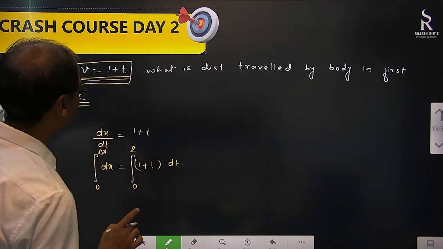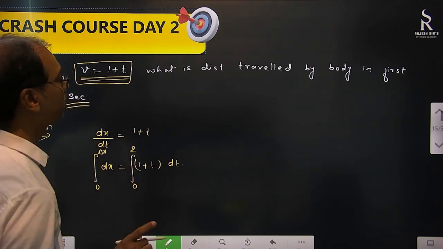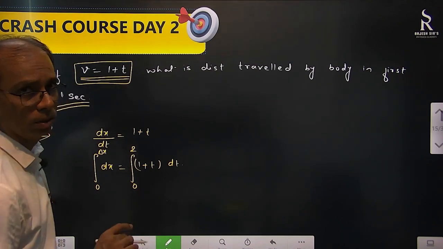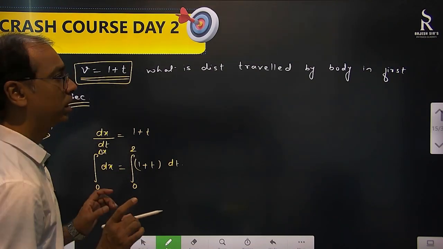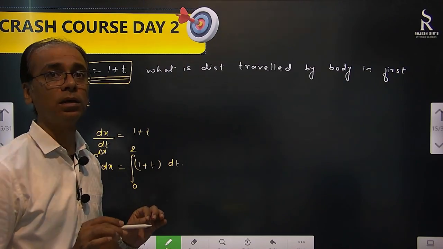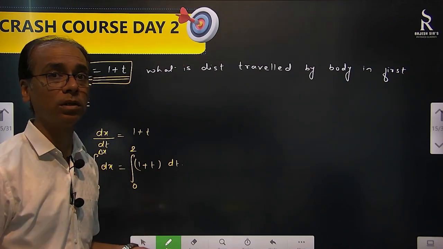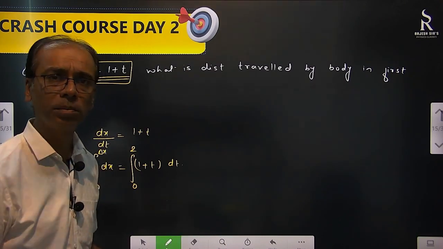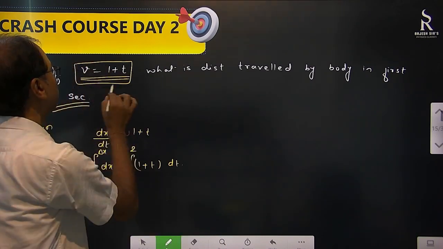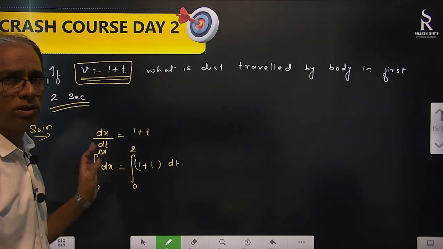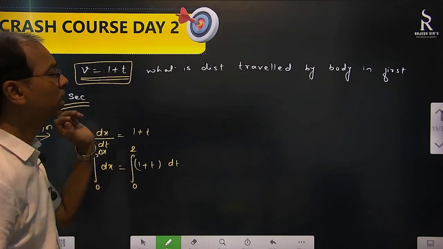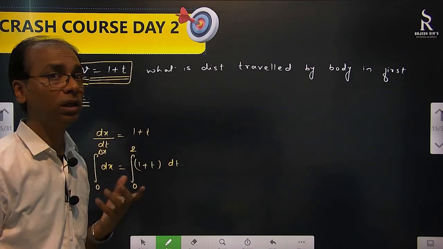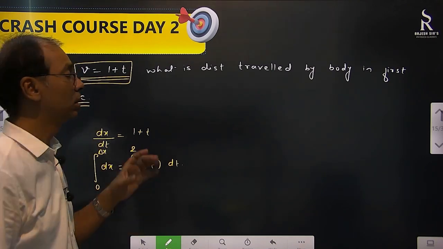But now as I told you, distance and displacement, will they be equal or will they be different? How to find? That is decided by the direction. If the direction is changing, then displacement will be different. If direction is not changing, it's the same. So check over here. Is the direction changing? Velocity, no? 1 plus t. T, can that be negative? T can never be negative. T is always positive.